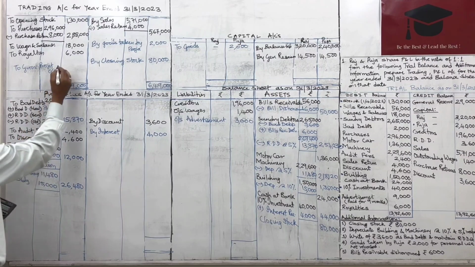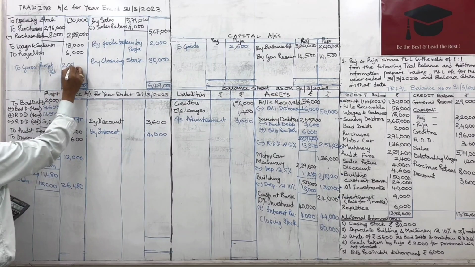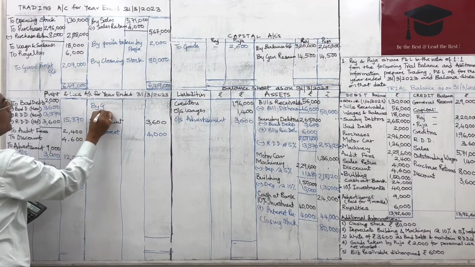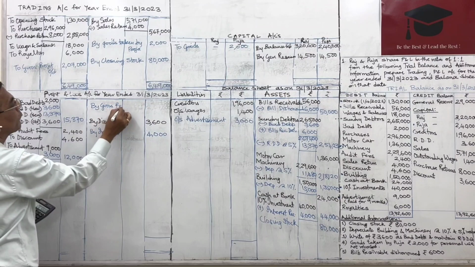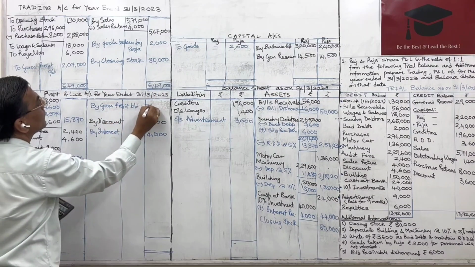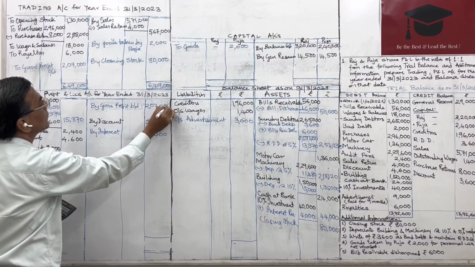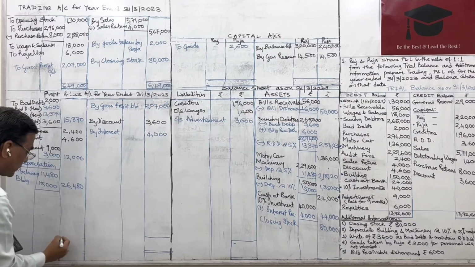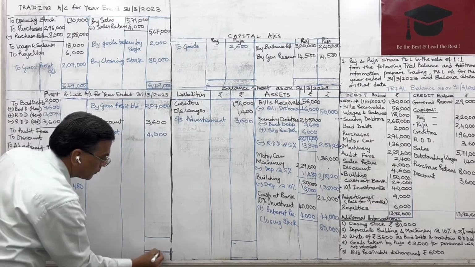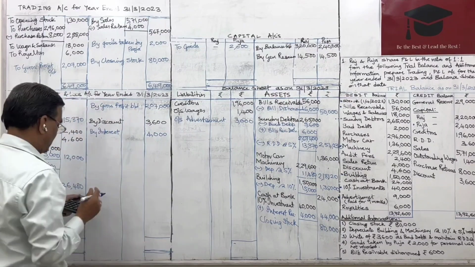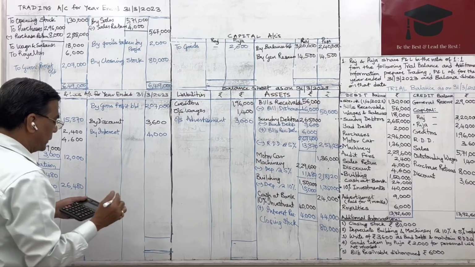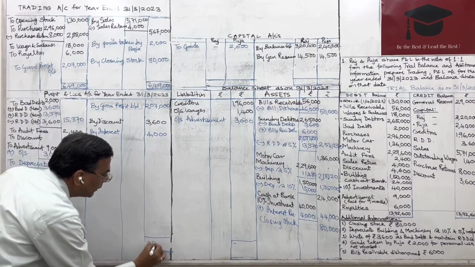So that comes to 2,07,000. We bring down this gross profit to the profit and loss by gross profit brought down, 2,07,000. Close profit and loss. That comes to 2,14,600.